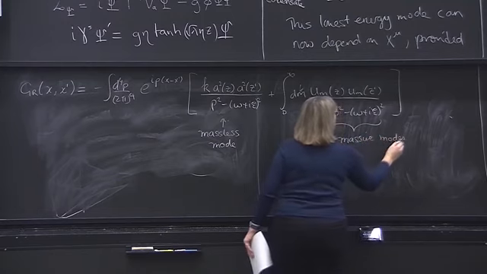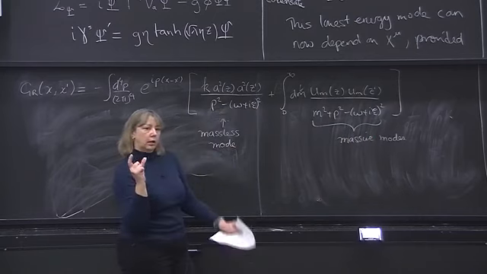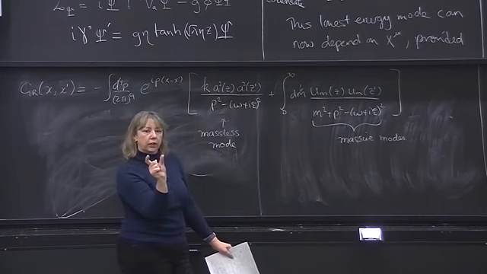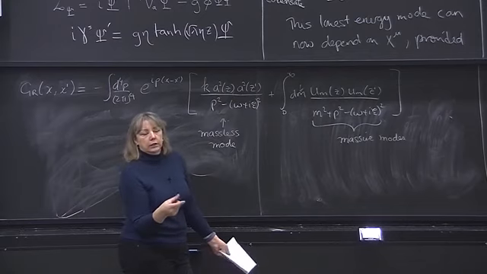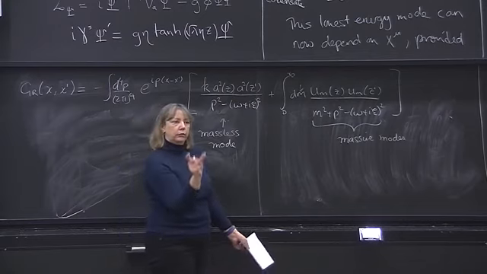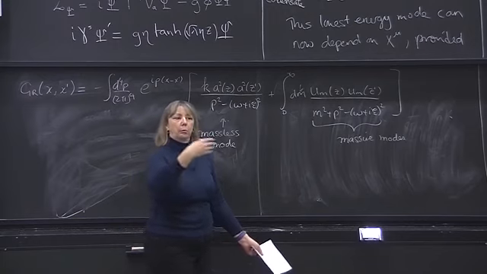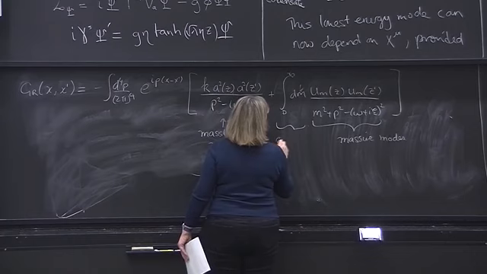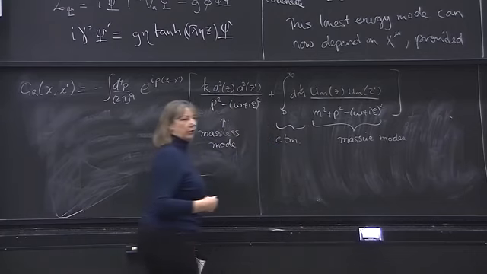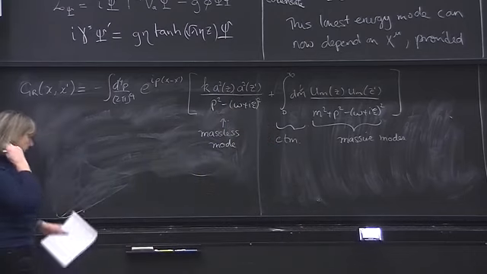But notice that whereas with Kaluza-Klein theory, if we compactify on a given radius and we look at e to the i mu z, then we only pick up multiples of our compactification scale. Notice here we've got a continuum. We're integrating all the way down to m equals 0.